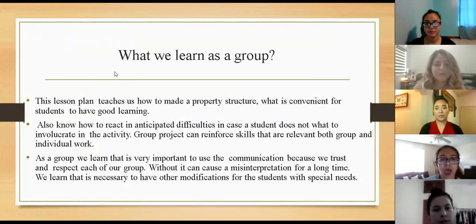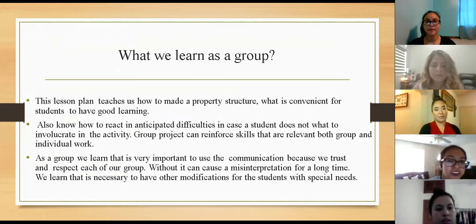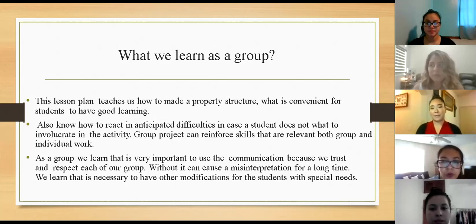So, what we learned as a group. This lesson plan teaches us how to make a proper structure, what is convenient for students to have good learning. Also, to know how to react and anticipate difficulties in case a student does not want to get involved in the activity. Group projects can refer to skills that are relevant to both group and individual work.